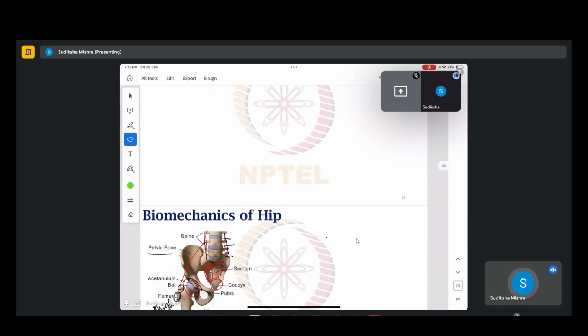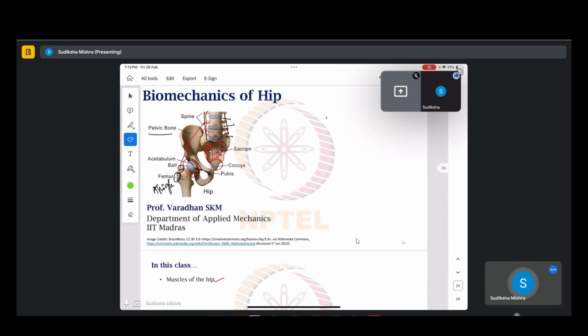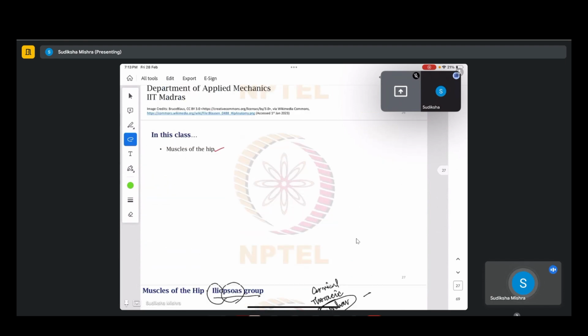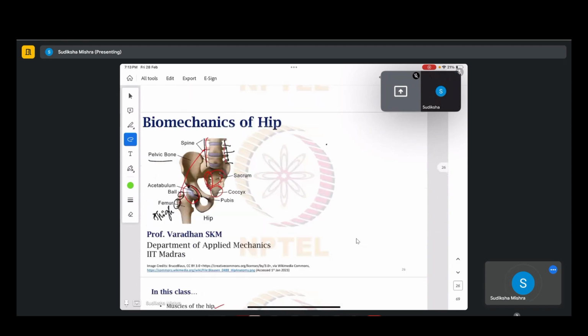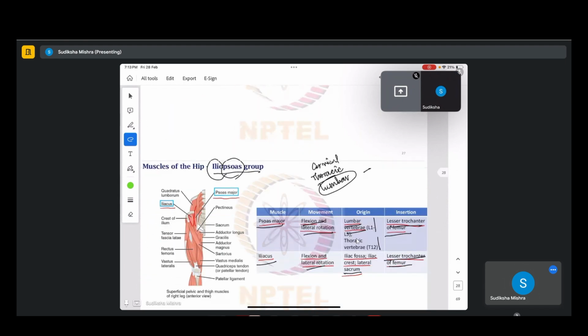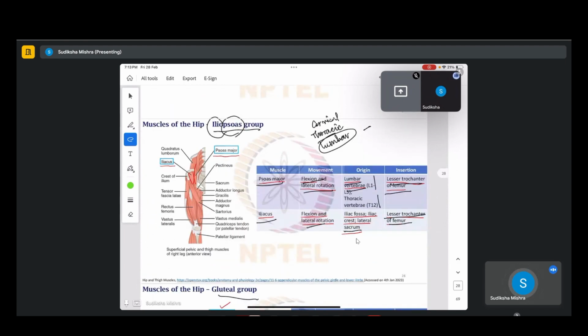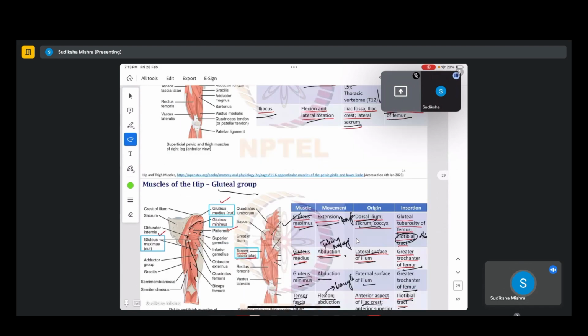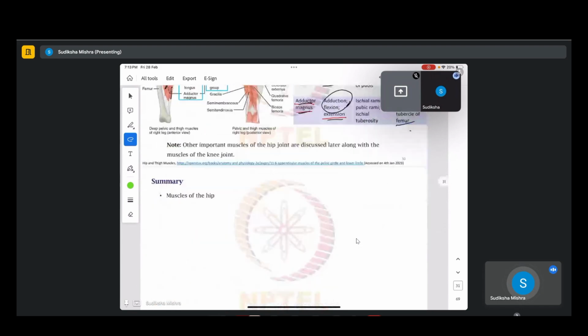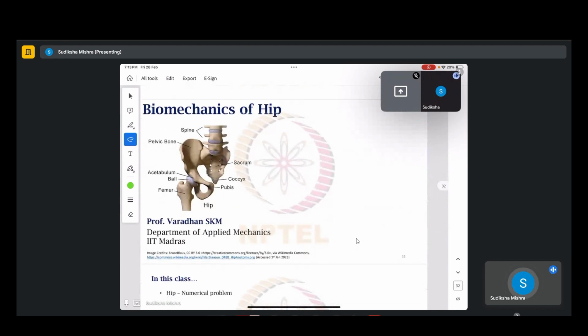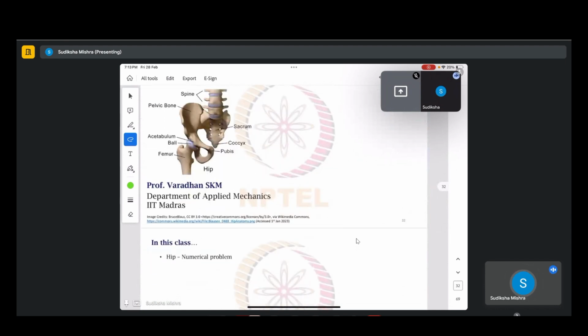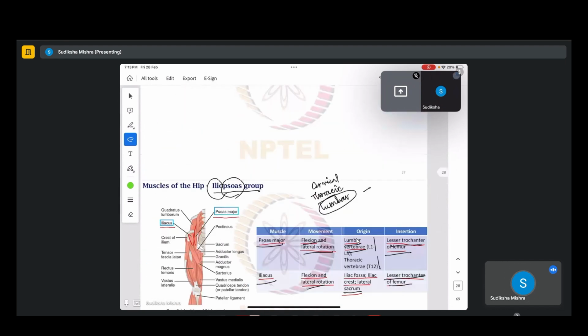To summarize, we saw the biomechanics of the hip, which involves the hip joint and the muscles of the hip joint, which includes the iliopsoas group, the gluteal group, the adductors. Next, we saw a problem involving the hip joint.